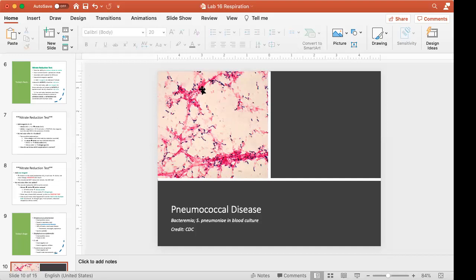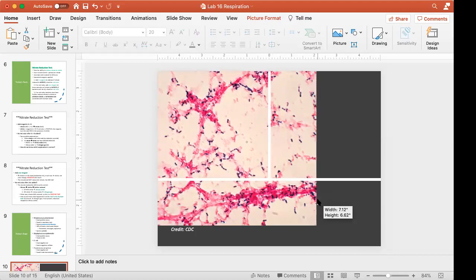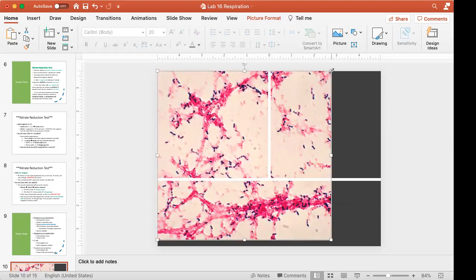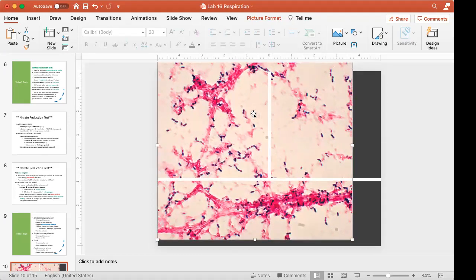What you're looking at on this slide is a light microscope image taken from a patient who developed septicemia with Streptococcus pneumoniae. So what they did was they gathered a blood sample and they cultured the blood. And I want you to take a look. So we are under a 40x lens here on a light microscope.